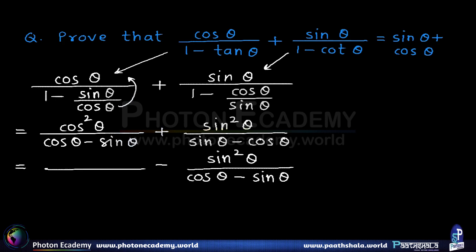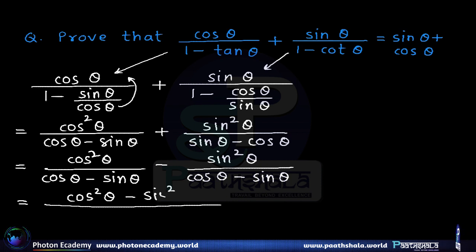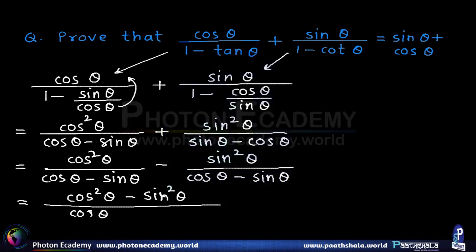In the first term the denominator is the same, that is cos theta minus sin theta, and the numerator is cos square theta. Since the denominator is the same, now we can merge both the fractions. The numerator will have cos square theta minus sin square theta, and the denominator will be cos theta minus sin theta.